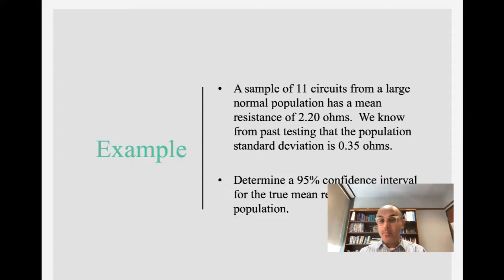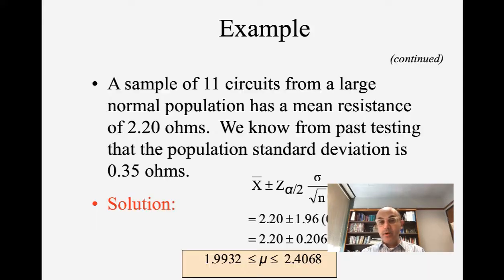Example: we take 11 circuits from a large normal population with a mean resistance of 2.2. We know from past testing that the population standard deviation is 0.35. So they are giving us all the information to determine the 95% confidence interval for the true mean resistance of the population.